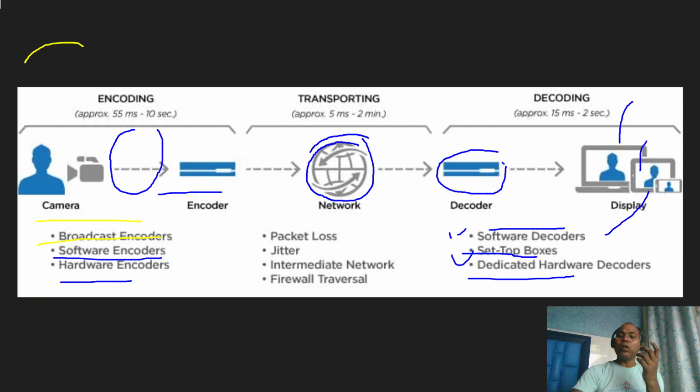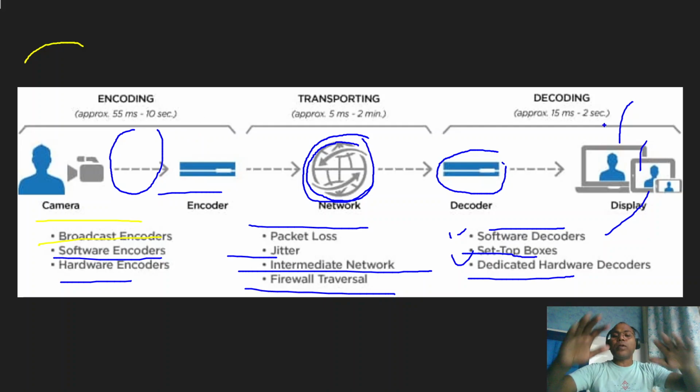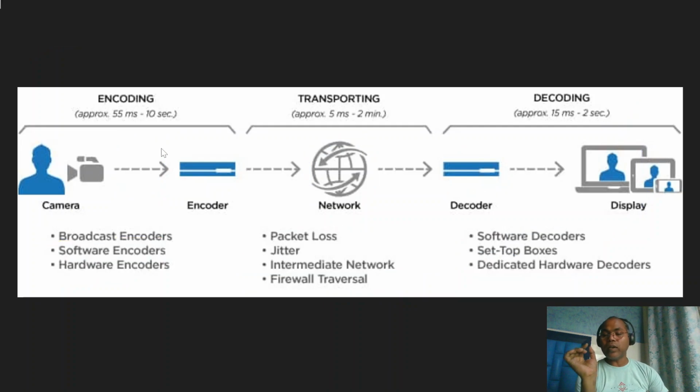And in the networks, what kind of hops and which route your system follows, packet loss, jitter, intermediate networks or firewalls, lots of firewalls we have to travel from one organization to another. Notice that your request travels through lots of places, and each and every time we have to consider, plan, measure, and analyze, and then we can say where my application requires optimizing, a better policy, or better deployment.